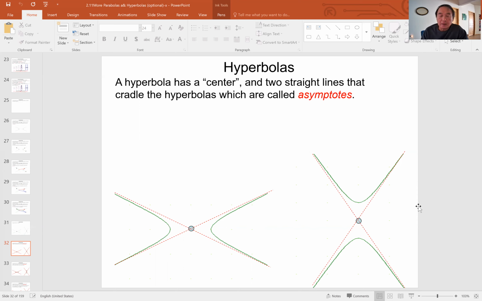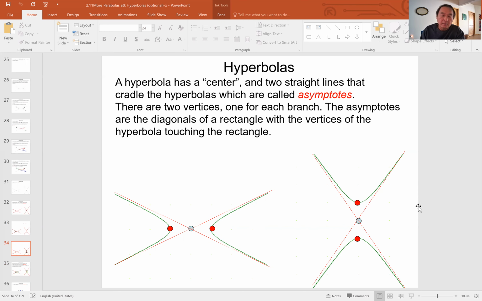Okay, and so the basic way we're going to graph a hyperbola is, first of course, identify that it is a hyperbola. Then we're going to graph basically the two vertices, and we're going to graph these two asymptotes. Then we're just going to sketch these green lines along these asymptotes.